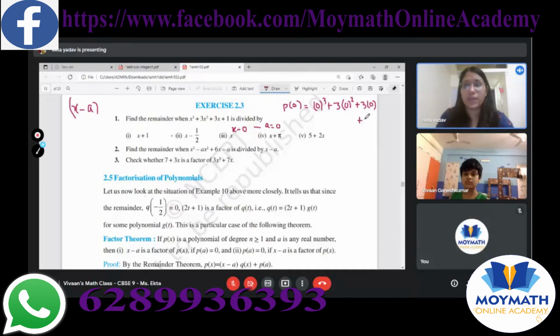So all three terms will become 0. What will be p(0)?